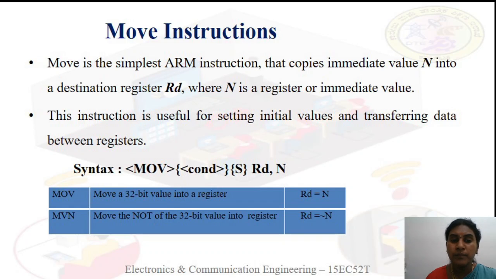What do you mean by NOT? NOT is nothing but a complement. Complement means 0 will become 1 and 1 will become 0. So whatever content you give will be complemented, and the complemented value will be moved to the destination register Rd. That's why Rd is the complement of N. So the two move instructions in ARM are MOV and MVN, that is move negative.